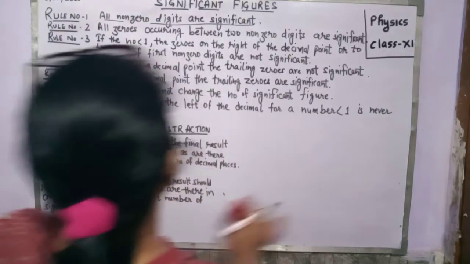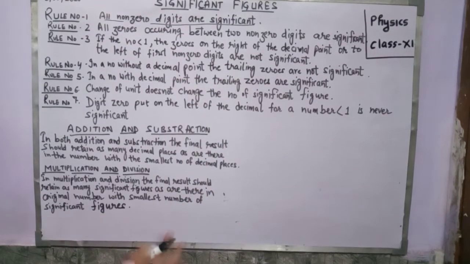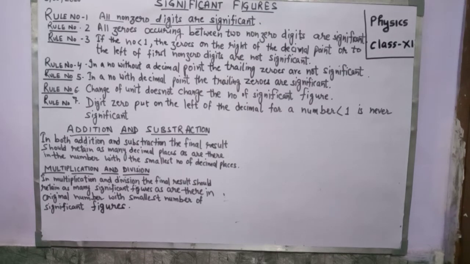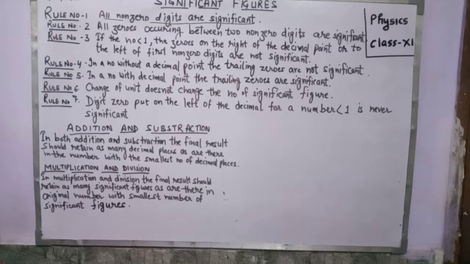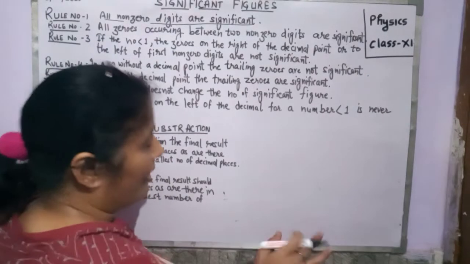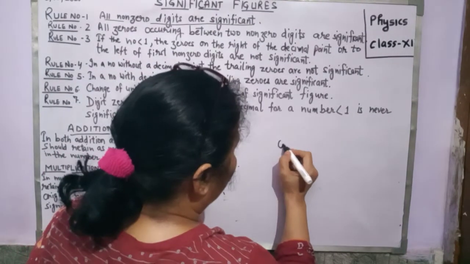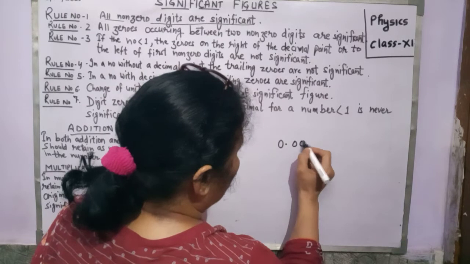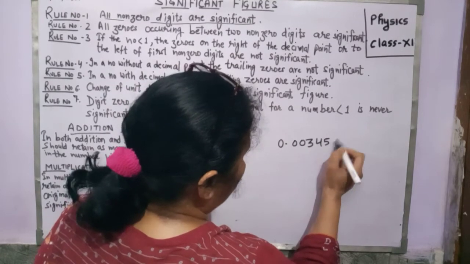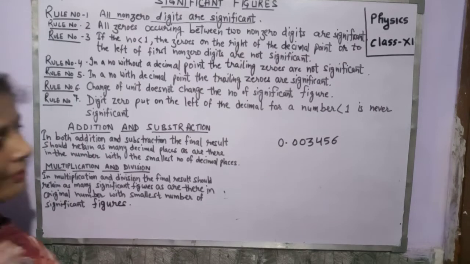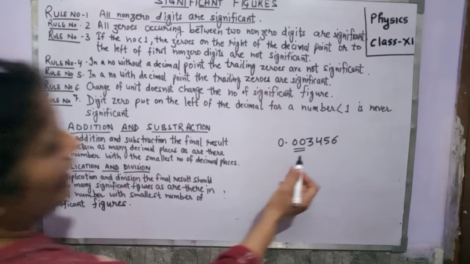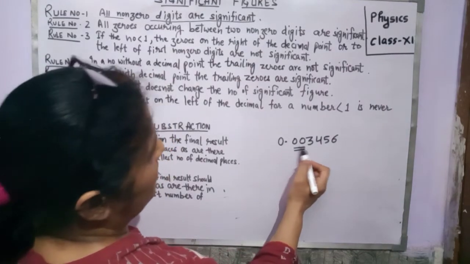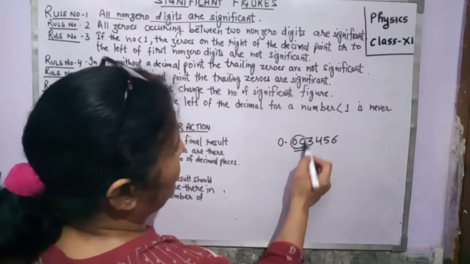Now rule number 3 is that if the number is less than 1, that means the digit before the decimal point is 0, the zeros on the right of the decimal point and to the left of the first non-zero digit are not significant. If we write the number 0.003456, then all the zeros on the right of the decimal point are not significant.